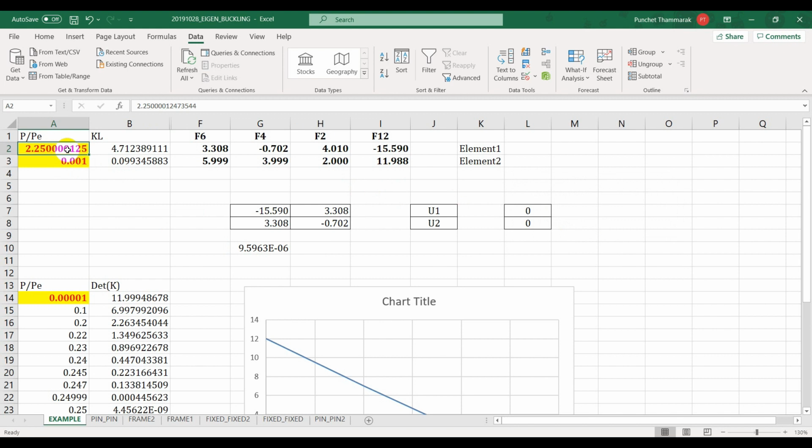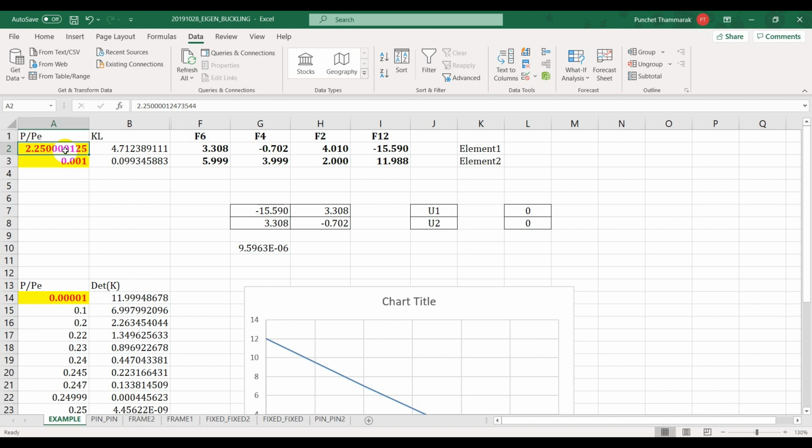Your structure has failed before that. So if you use the goal seeker with an initial value which is not close to the root that you want, it depends on how you put the initial value over here. Goal seek will just look up and down and find the solution in the vicinity of the initial value you input, and you could be wrong if you don't use it with caution.